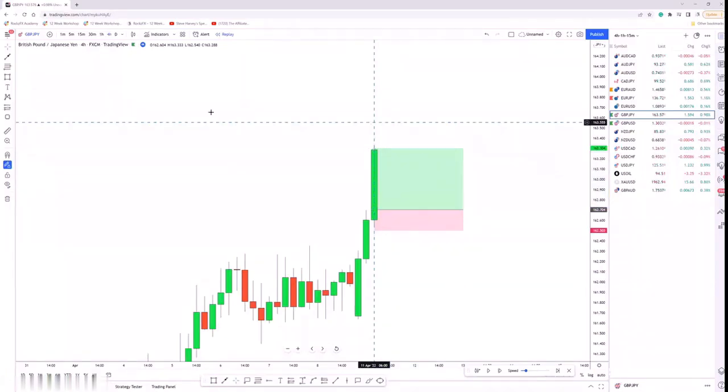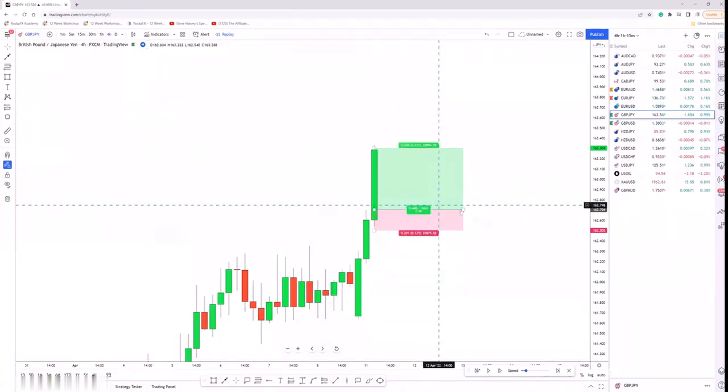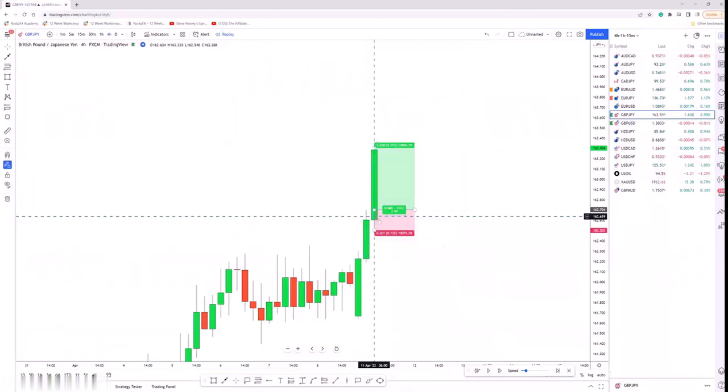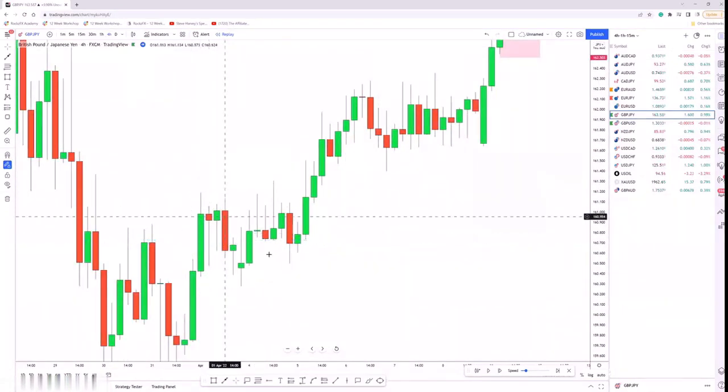Why can't you do this? Maybe we want to trade the pullback. It doesn't matter. Like I just said, every candle closes bullish or bearish.